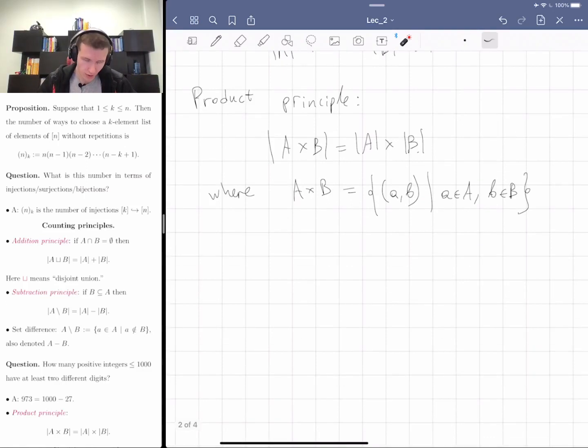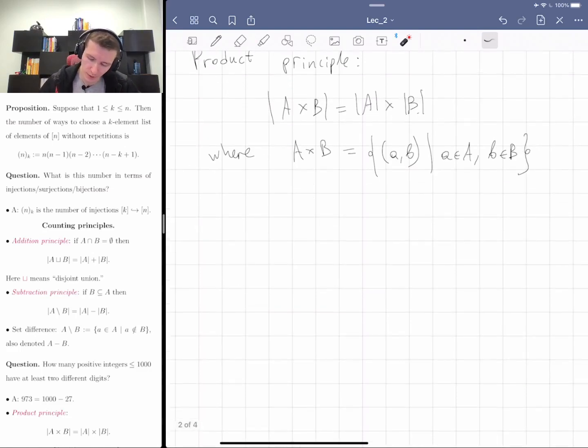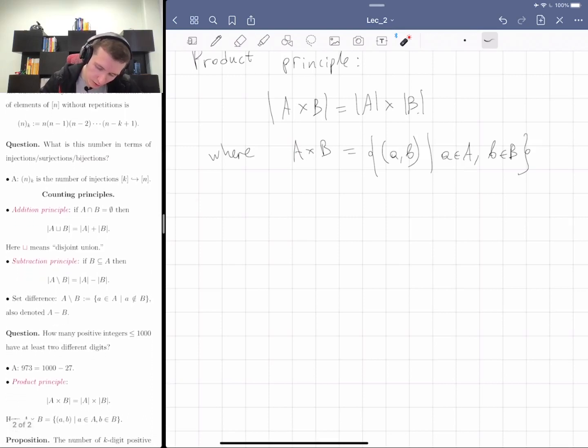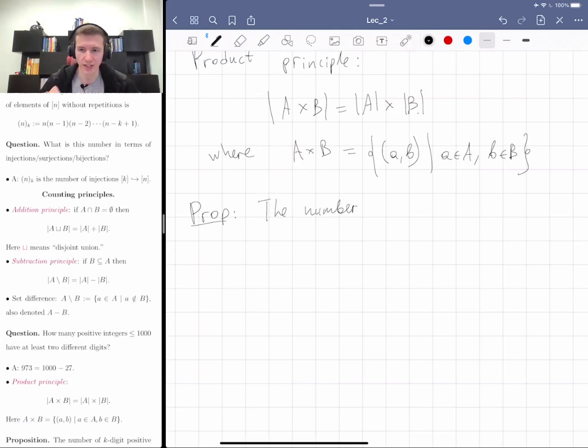And okay, so I guess I can maybe give you one example or even a couple of examples. So let's count some other numbers. Let's say I want to count the number of positive integers with exactly k digits.